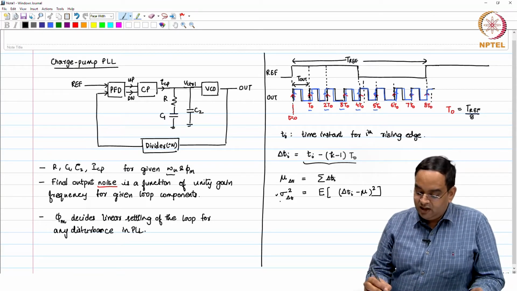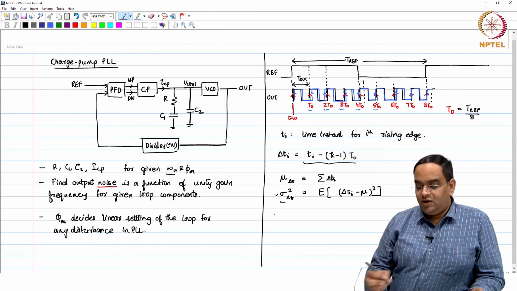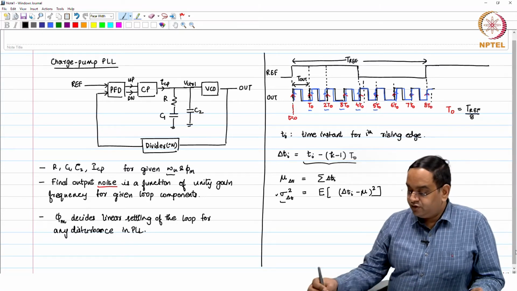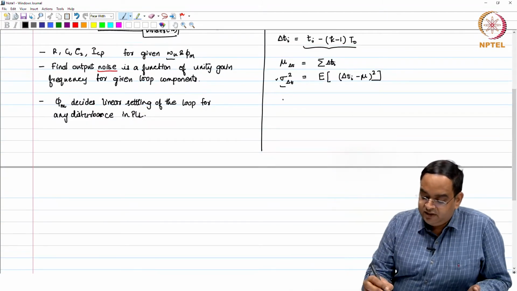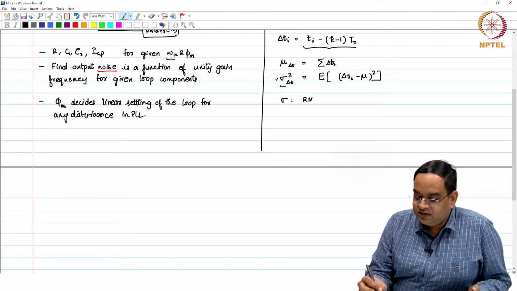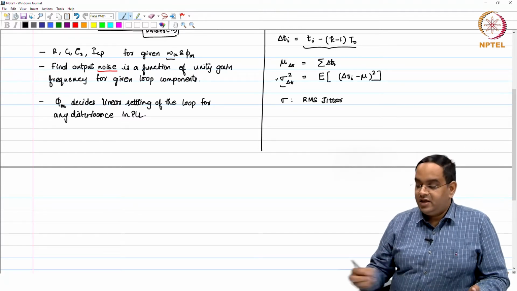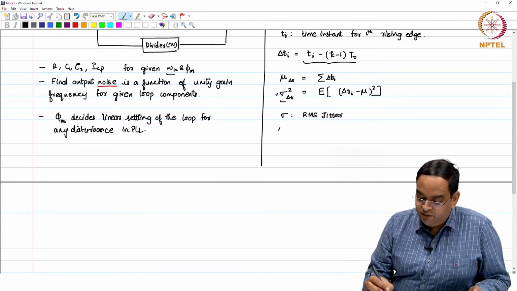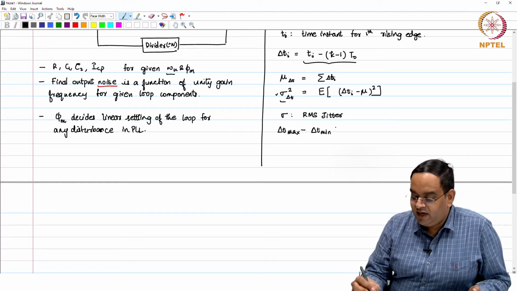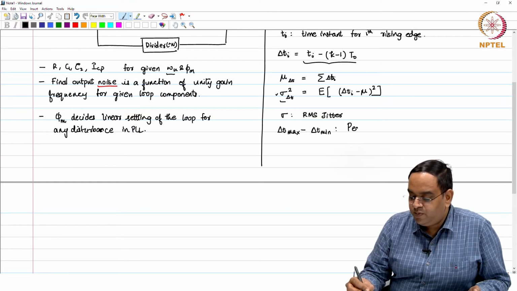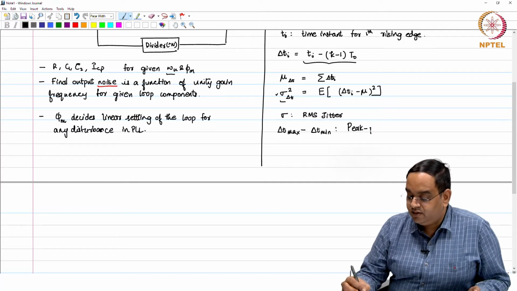Sigma delta T is the standard deviation and sigma delta T squared is the variance. This value sigma is called RMS jitter. Then the maximum value delta T max minus delta T min, since it can have both positive and negative values, gives the peak to peak jitter.